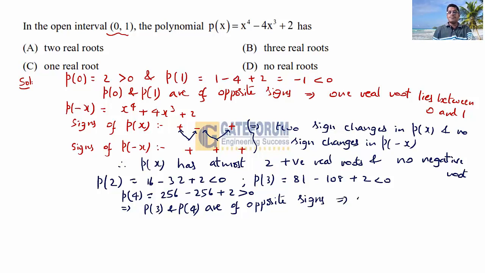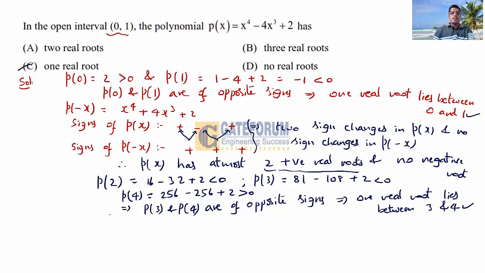This implies one real root lies between 3 and 4. So from the last statement, this one and at most two positive roots, what is the conclusion?